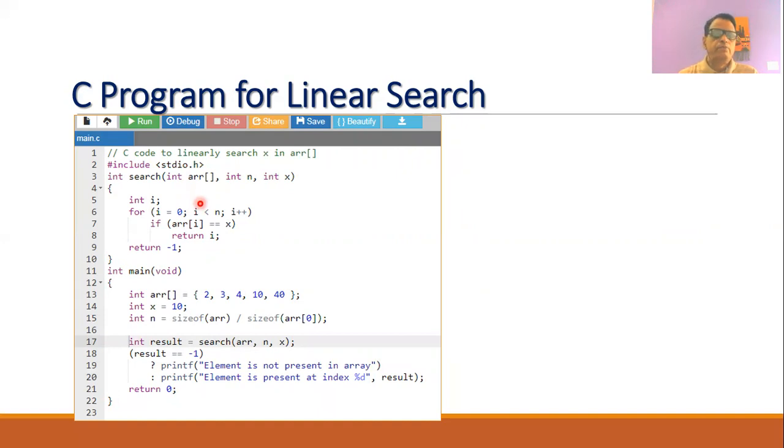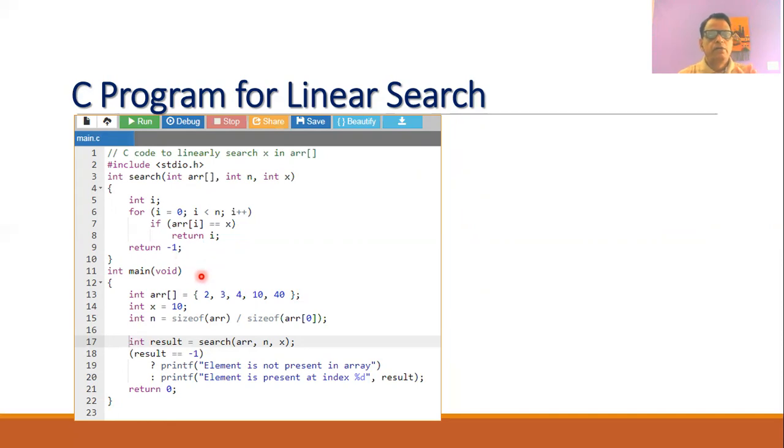Every time we check whether I is less than n, and then we increment the value of I by 1. Then we match the search element X with arr[I]. If they match, then we return I. Otherwise, we return -1. So if all elements are searched and no element is found, then we return -1.